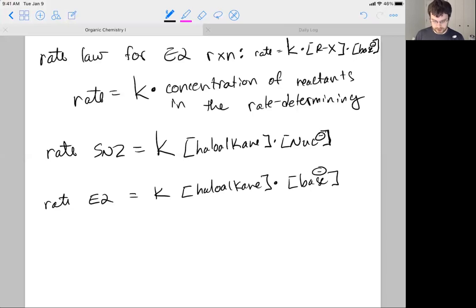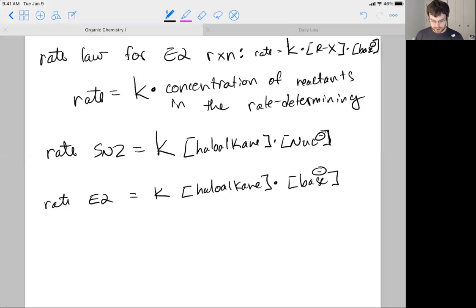What I'm getting at is that, given this rate law, everything we put into the reaction is involved in the rate determining step, so we don't need additional steps to consume other aspects of the reaction.